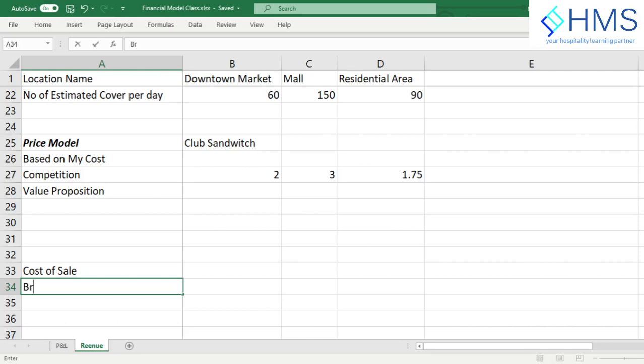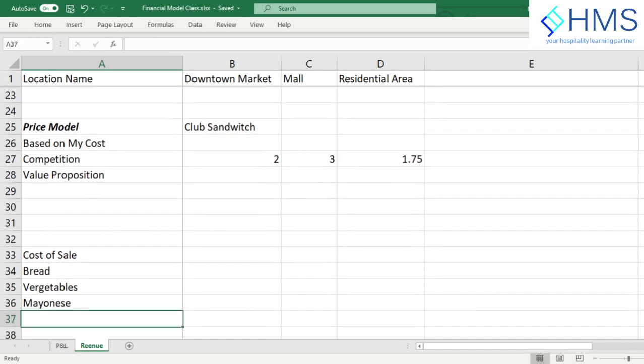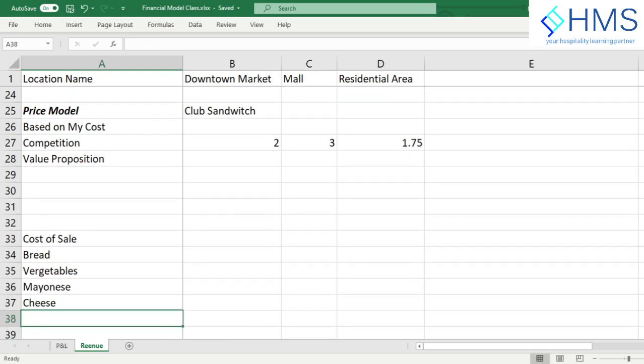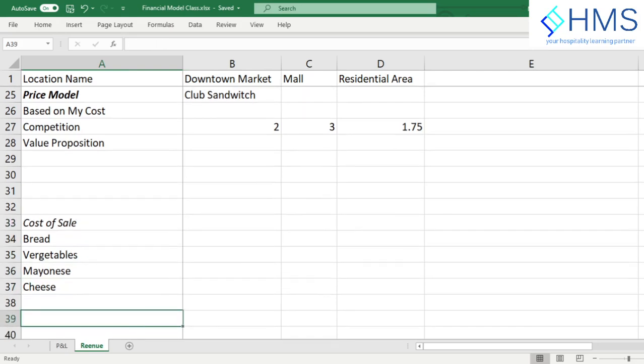Let's say it's going to be bread, some vegetables, some mayonnaise, probably some other extras like oregano, or some spices, or some cheese. Let's stick with this first, otherwise we are going to make the model very complicated.